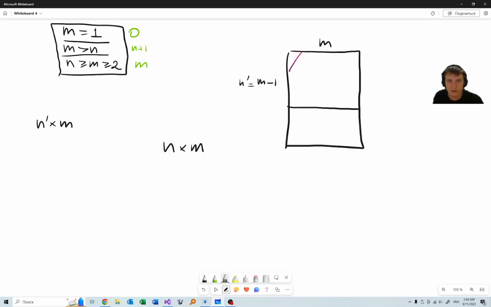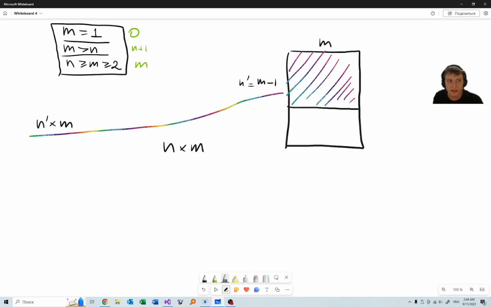So this submatrix is under this case, because here m is greater than n. So you can actually fill this part, and you can get the answer n prime plus 1, which is just m minus 1 plus 1, which equals m. So if there were no this part of the matrix, you could just get m as the answer.